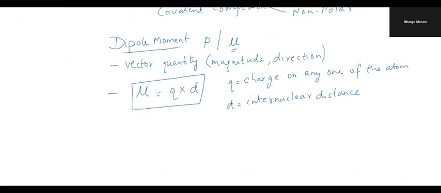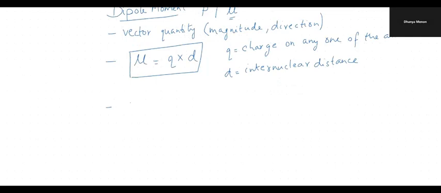Then, how to express the direction, from which atom to which atom? Usually, suppose we take the same example, hydrogen chloride. Okay. Chlorine is more electronegative, so it develops a negative charge. Hydrogen gets a positive charge.